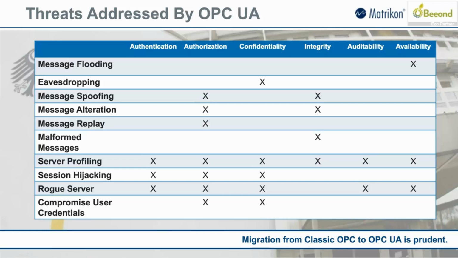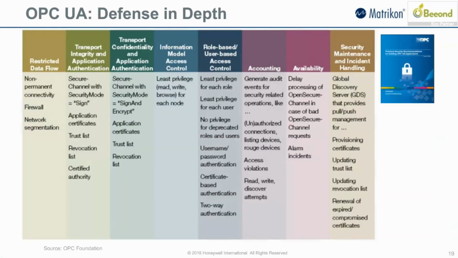So there are some security recommendations for how to work with OPC UA or how to set it up. The OPC Foundation recently came up with a brochure that does that. It gives some recommendations. I grabbed just one of the tables out of that. You can grab that publication right off the OPC Foundation website.